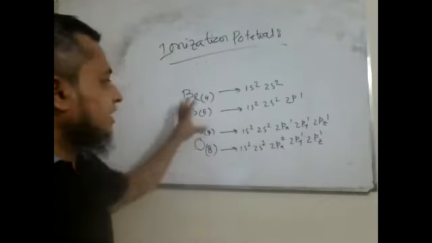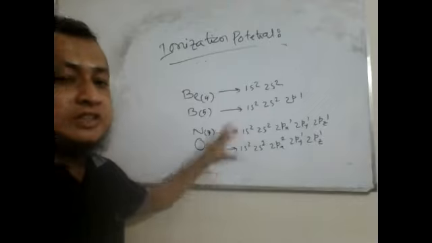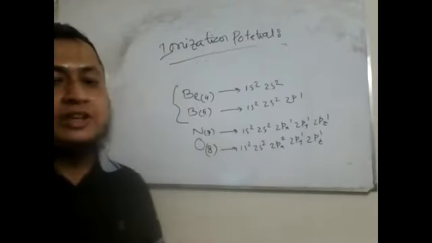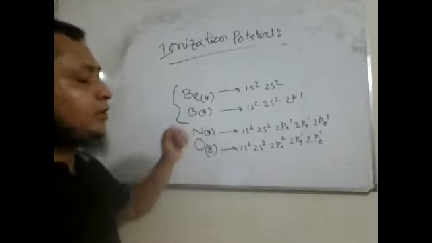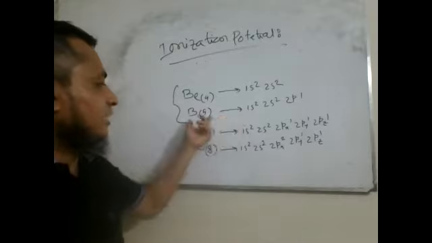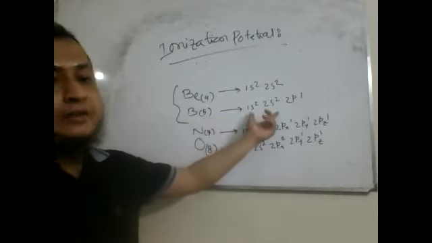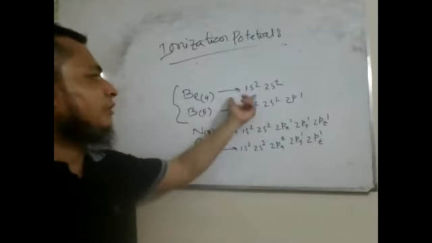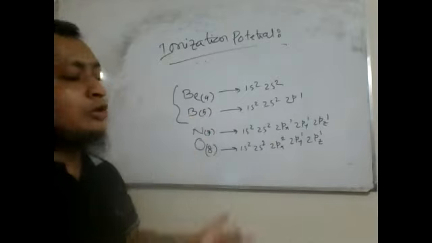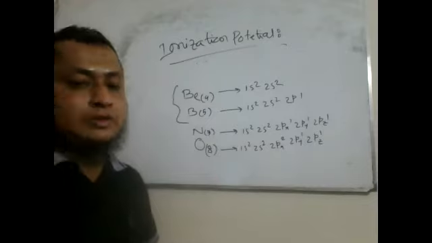These are the electronic configurations of these elements. First of all, I am going to discuss beryllium and boron. From the electronic configuration, we see that boron has 5 electrons. On the other hand, beryllium has 4 electrons. That means beryllium is before boron, so beryllium should have less ionization potential.